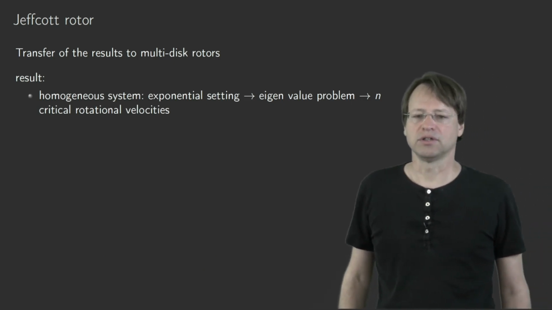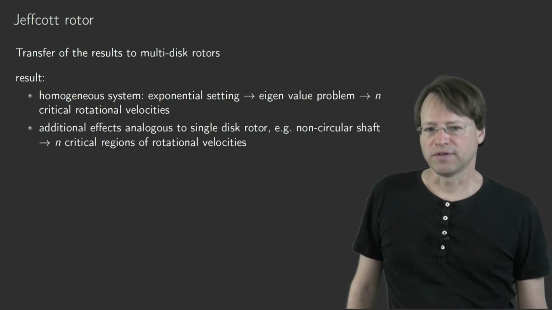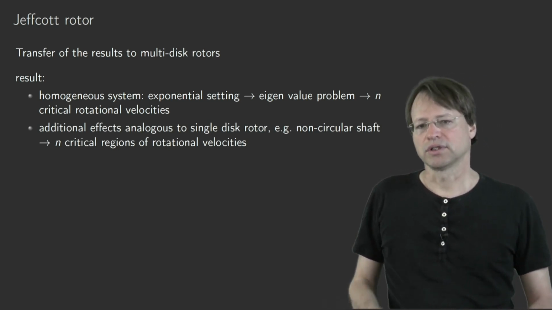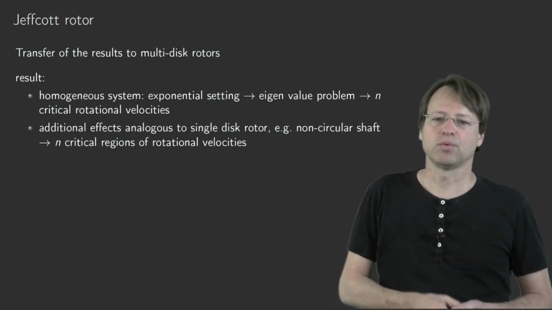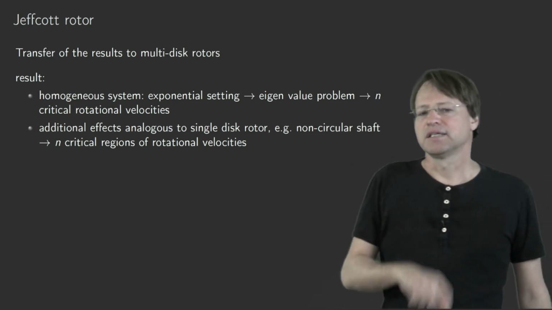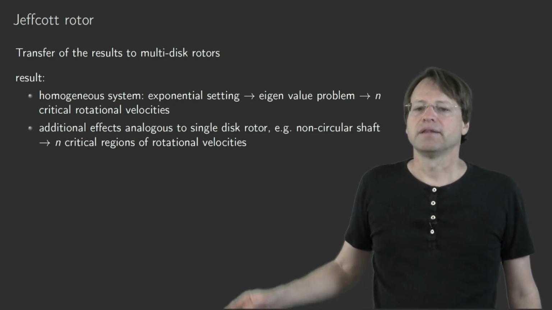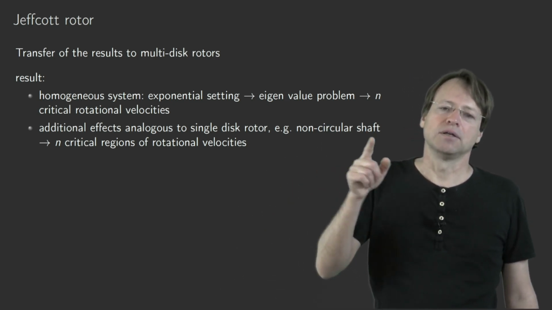critical rotational velocities. When it comes to additional effects, for example a non-circular shaft, where you would have these critical regions between several of these critical speeds, then the results are analogous.